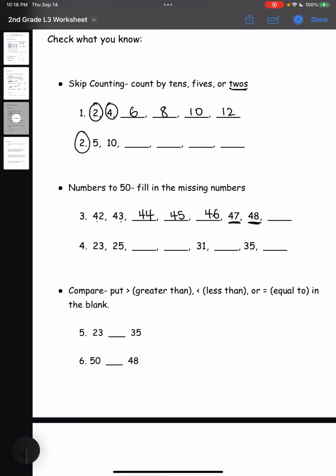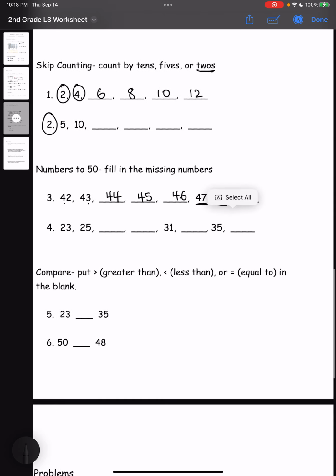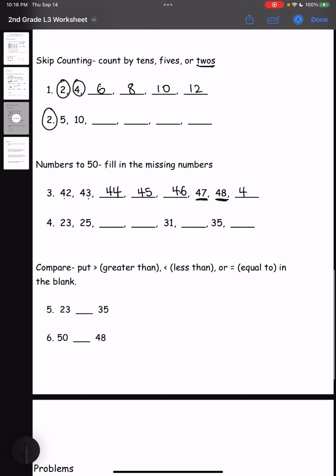So if you count in order, 42, 43, 44, 45, 46, 47, 48. The number that would come after would be 49. Now when you do number 4, I want you to watch out because this is plus 2, not just plus 1.